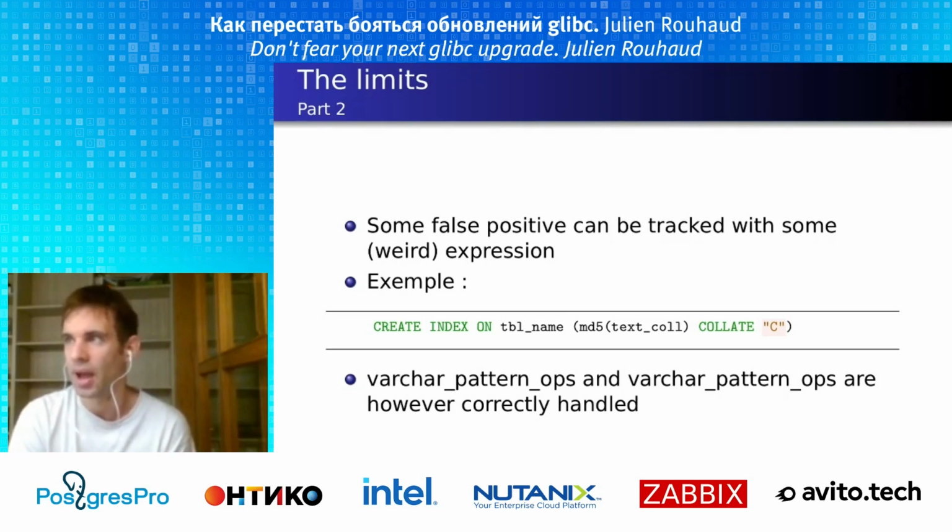As you can see, the index is using a text column and then applying an MD5 on that, which still technically could be corrupted in case of collation upgrade, but then the whole expression is using the collation C with just the raw bytes. So this expression can never rely on the collation. But in that case, if the underlying collation for the text column is changed, you will get such a warning. So in such cases, you can manually clear the warning, and there won't be any issue.